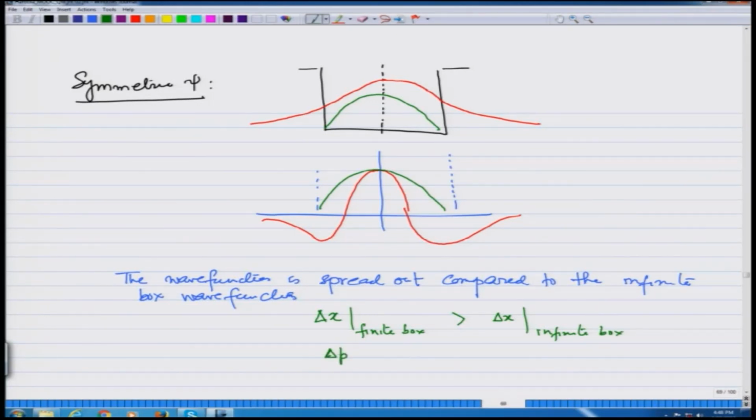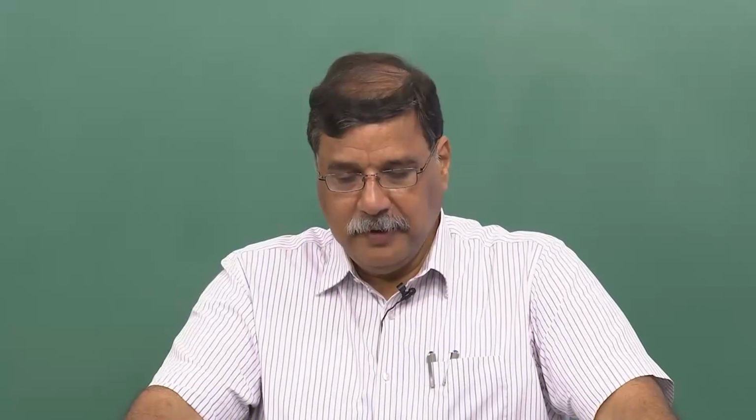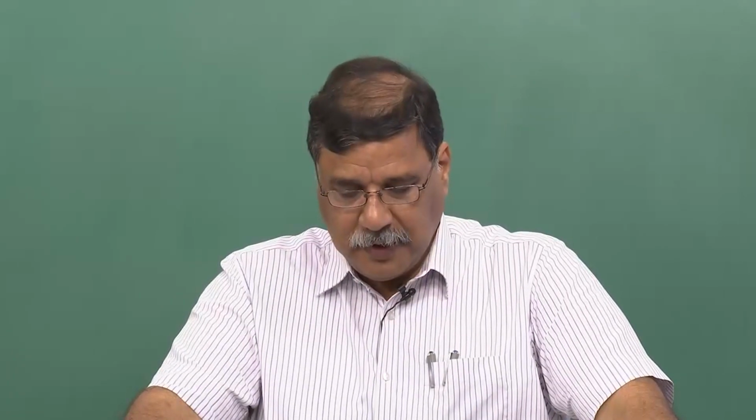This means delta p for the finite box is less than delta p for the infinite box by the uncertainty principle, and this immediately implies E kinetic for the finite box is less than E kinetic for the infinite box. And since the majority of energy is kinetic, you will see that now the energy gets lowered a bit. This is a manifestation of the uncertainty principle.